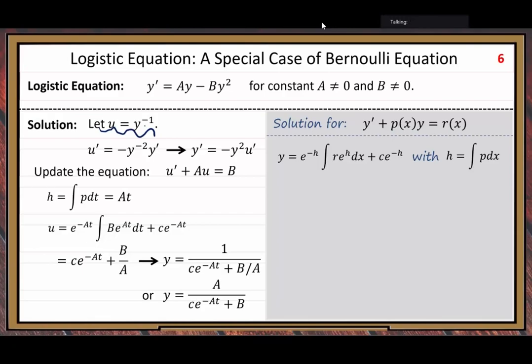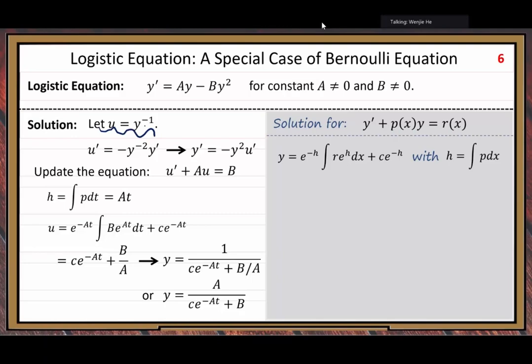For this non-trivial solution, the y function value can never be 0, right? Can y take 0 sometimes? Is it possible that y of t, at a certain t, could be 0? No, because A is a non-zero constant at the numerator, divided by something in the denominator. It cannot be 0, right?